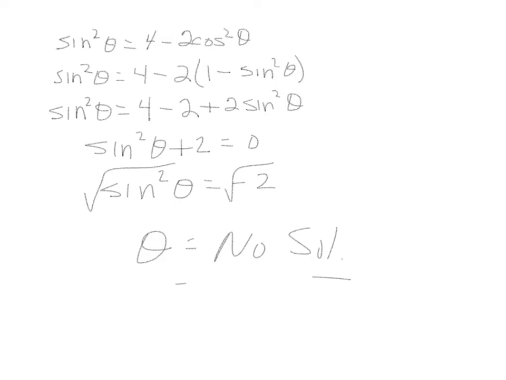Okay, let's try one more example. In this final example, again, we have sine and cosine squared. Our formula page has things that we can switch back and forth with our squared terms. So this one, we would need to change the cosine squared into sines. So let's do that.